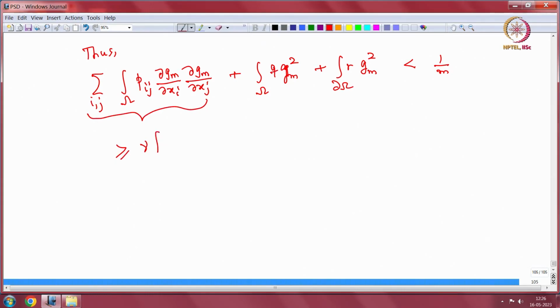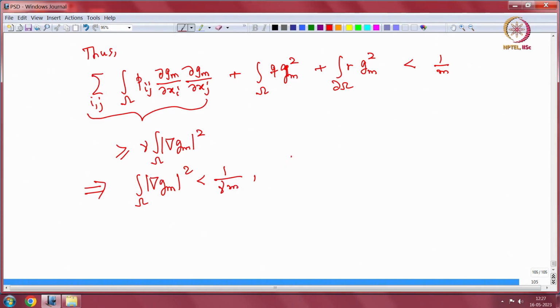So we get the integral of grad Gm squared, and you exactly get that. Okay, so this is just Q Gm squared and R Gm squared. So that means what? So we have the integral of grad Gm squared over omega is less than 1 by gamma m, and all the 3 quantities are non-negative.